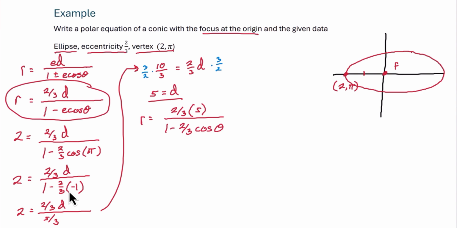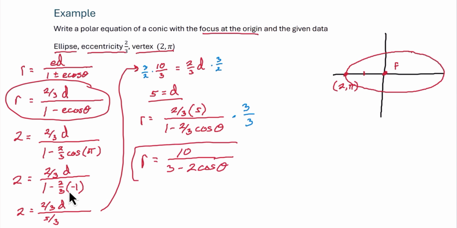We can multiply the top and bottom by 3 to get rid of those fractions. r is equal to 10 divided by, in the denominator, 3 minus 2 cosine theta. And we now have the equation of the ellipse.